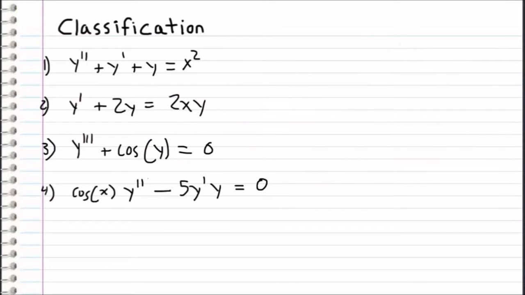Okay, here I have a few examples that we can practice classifying these differential equations with. For each of these, we're going to decide its order and its linearity. On this first example, we see that the highest order is this second derivative, so we call it a second order differential equation. Now let's decide if it's linear or not. Each of the terms that contain our function y, which are all three of these terms, are all to the first power, so that's good.